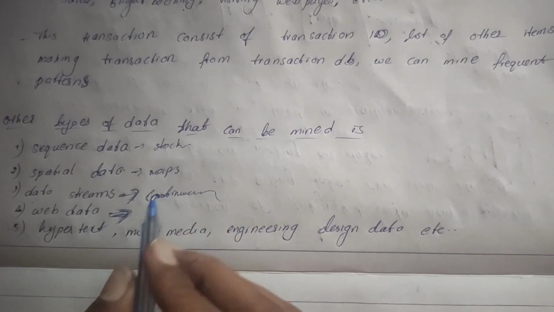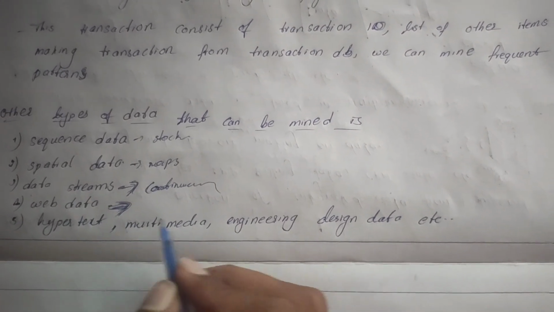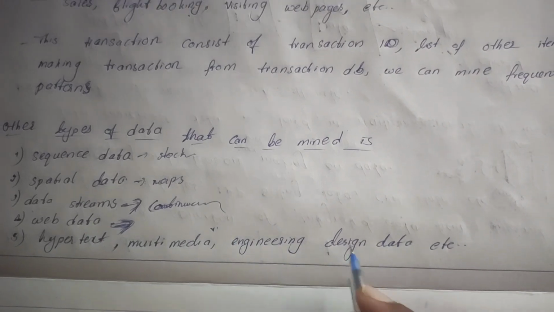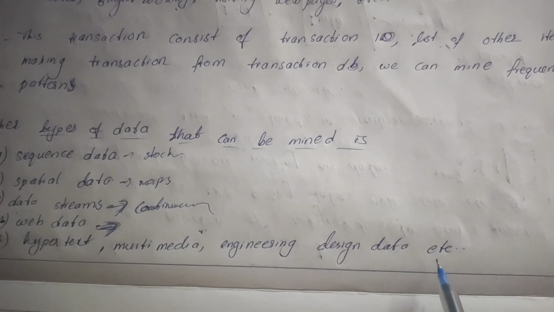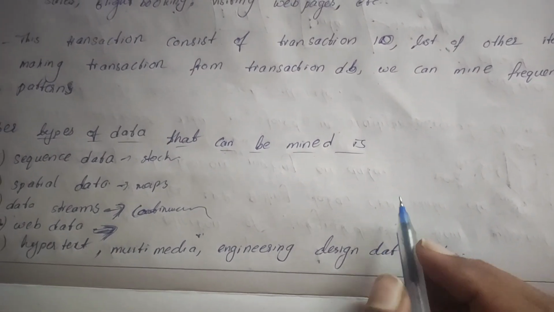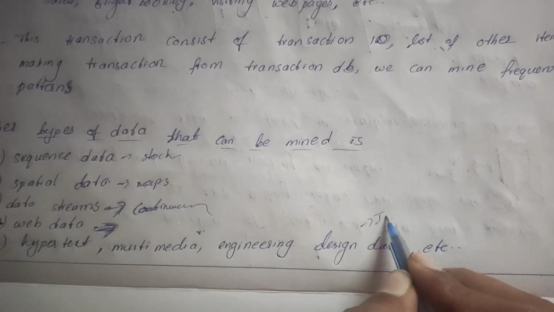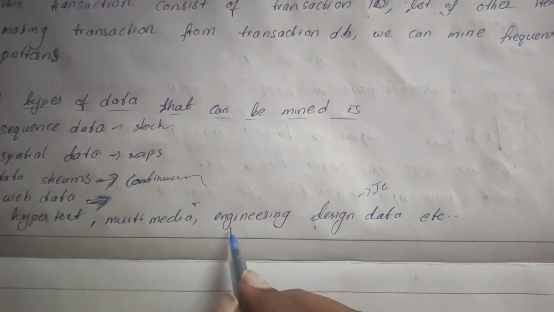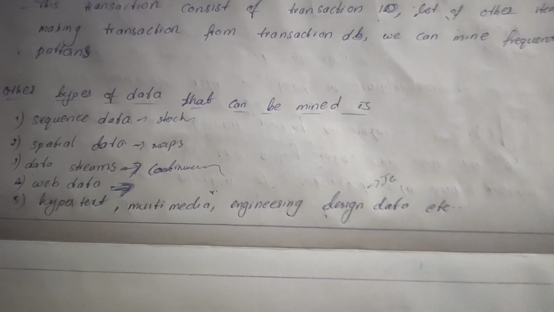Web related data comes under web data, like hypertext, and multimedia means video and audio data. Engineering design data means circuits, integrated circuits, and any graphs also come under engineering design data.